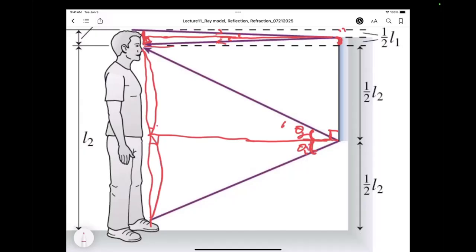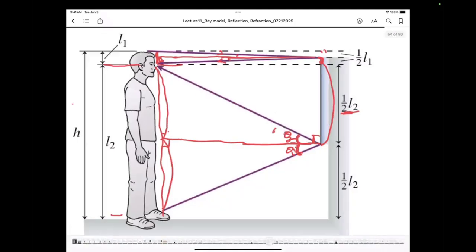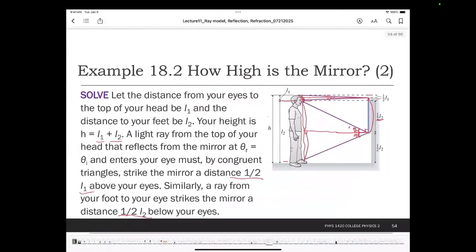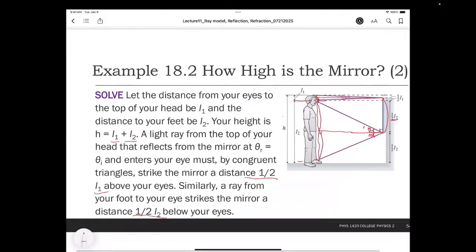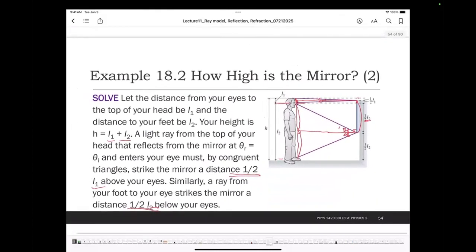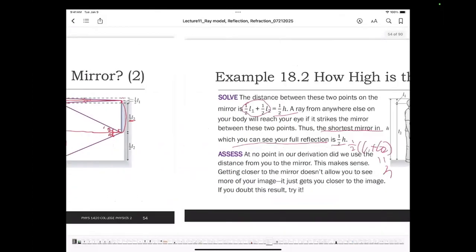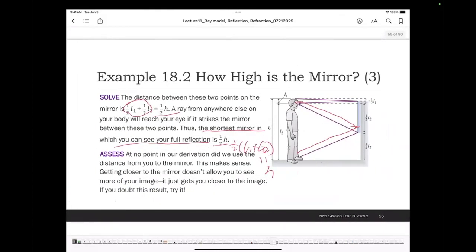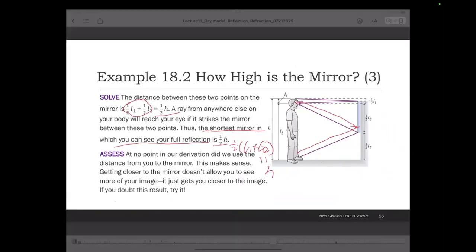So this distance should be half L2, because the total is L2. That makes sense to you? So that's the reason why here is half L1 and here is half L2. I just want to make it more clear. And then the total, the shortest mirror, should be half H.